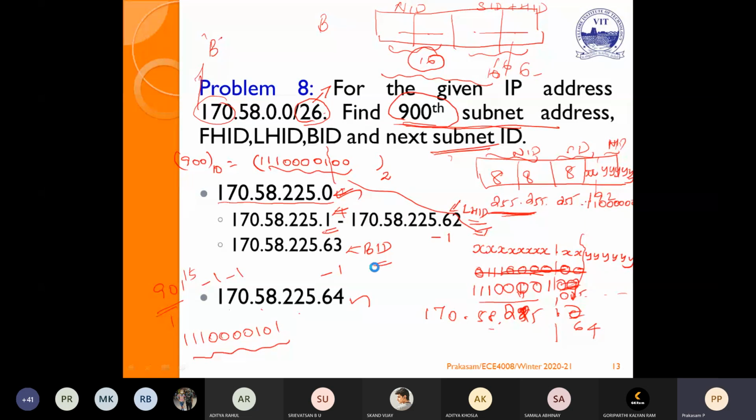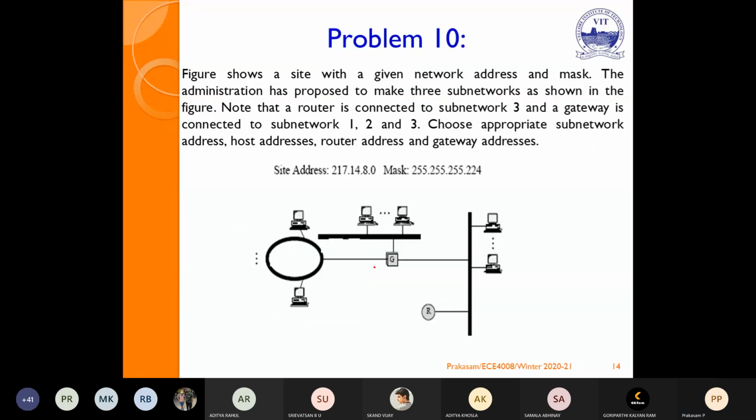So the next problem. Sometimes we may ask like this. Suppose we give the IP address and ask you to assign the subnet ID as well as the first host ID and last host ID for 3 subnets.